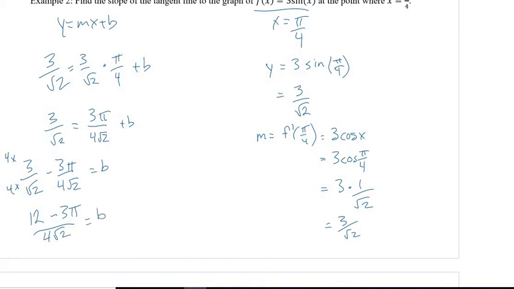So in this case, the tangent line, we have our m, we have our b. So y equals 3 over root 2 x plus 12 minus 3 pi over 4 root 2.